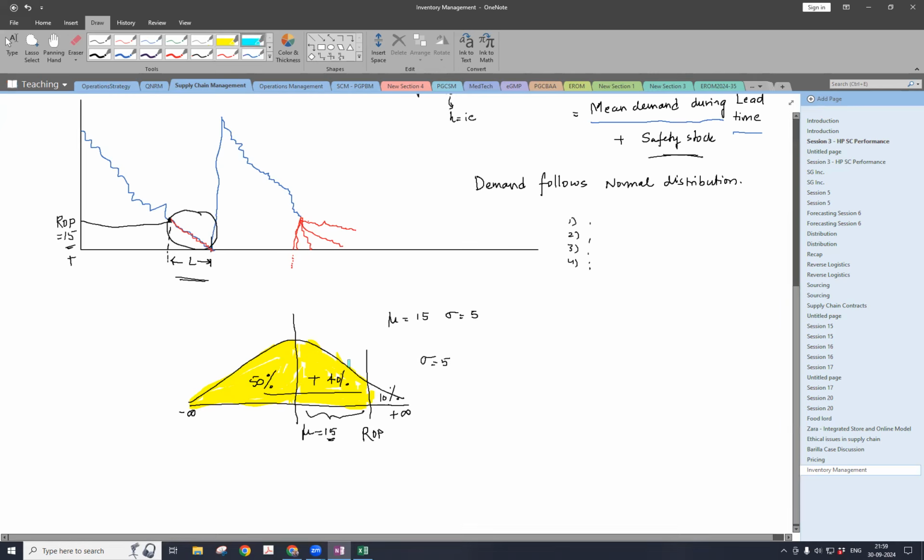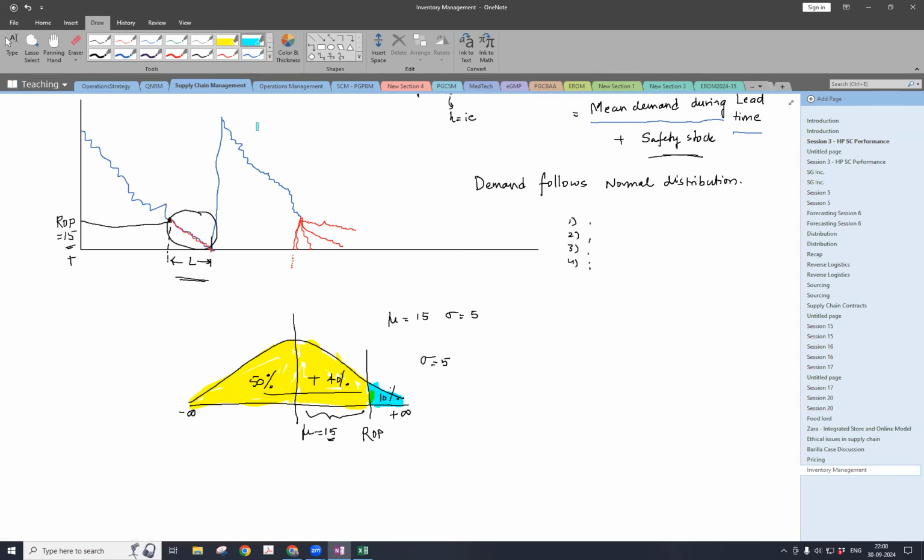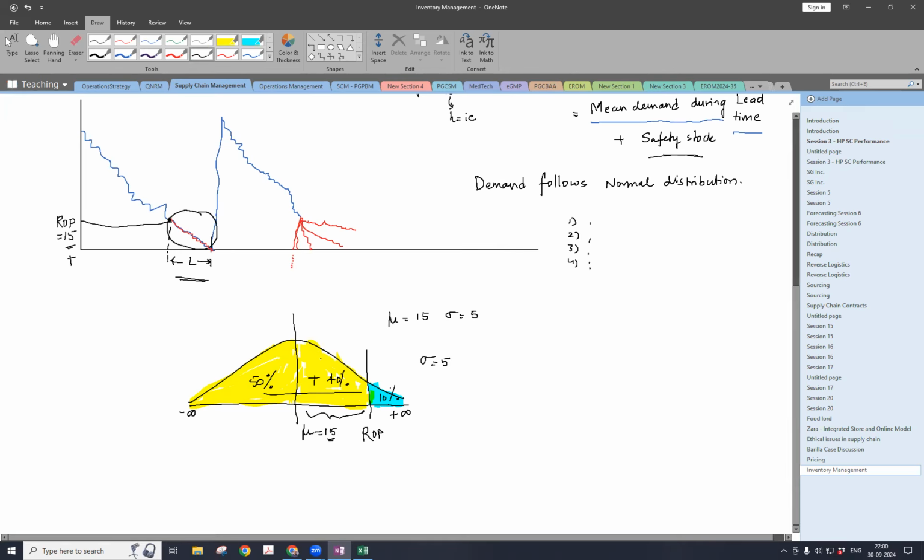That 10% is what we are letting go of. Why are we letting go of it? Because we are thinking that the cost of not meeting the demand is much less than the cost of trying to meet that demand by having excess inventory. So sometimes you let go of that. As you want to increase your service level, you go to 95%, 99%, and so on. This is what we have referred to as our cycle service level.